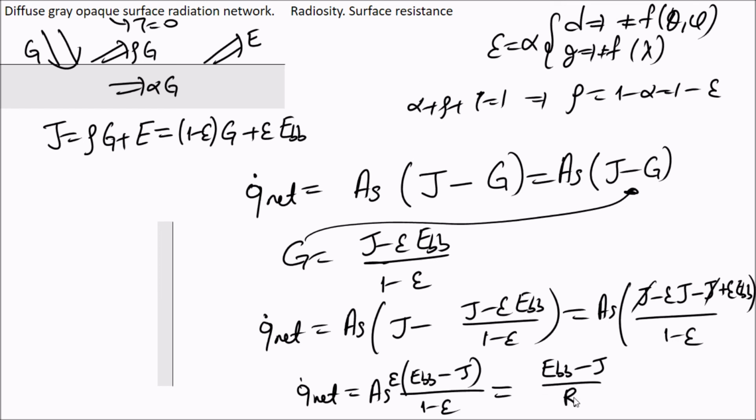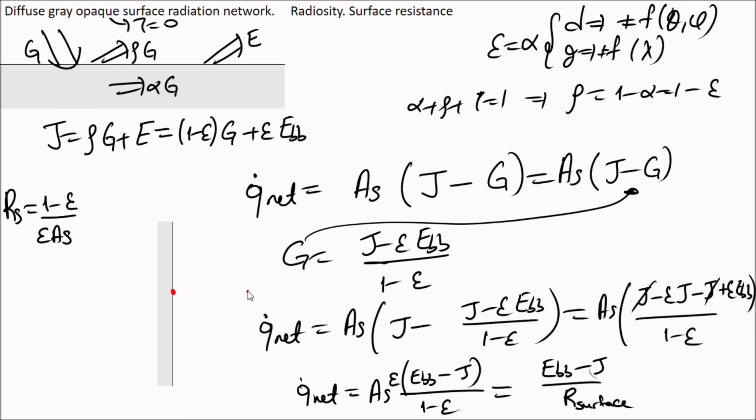This resistance is called the surface resistance because it is the resistance that prevents the body from becoming a black body. You can see that this is the difference between black body and some radiosity. Therefore the surface resistance will be equal to 1 minus epsilon divided by epsilon into surface area of the body.